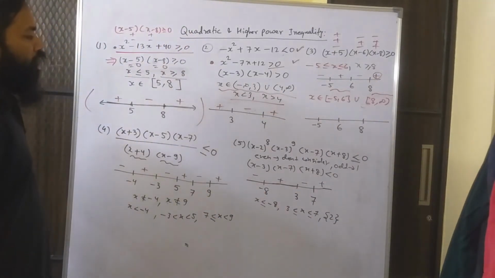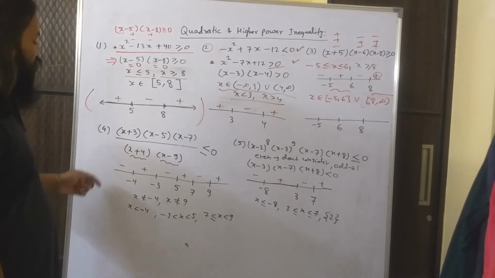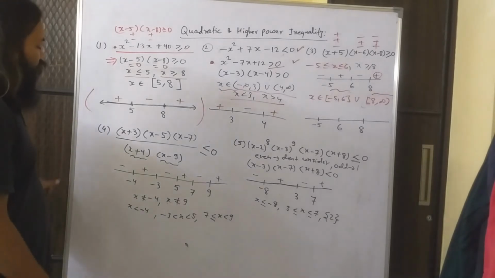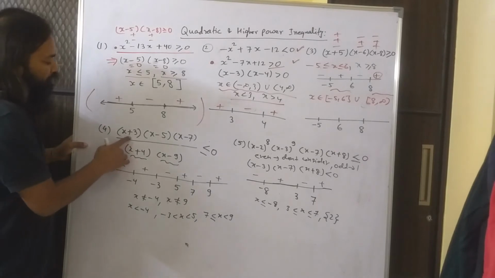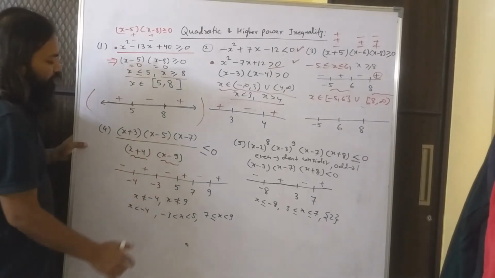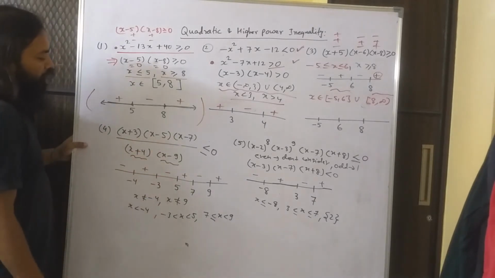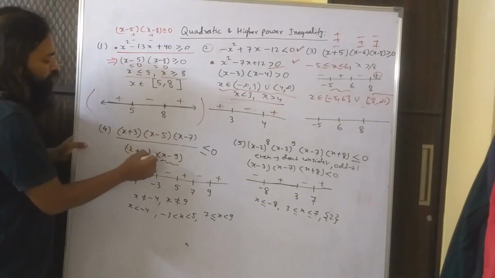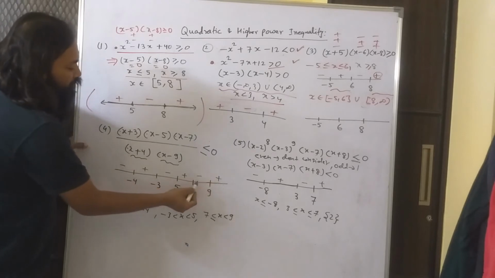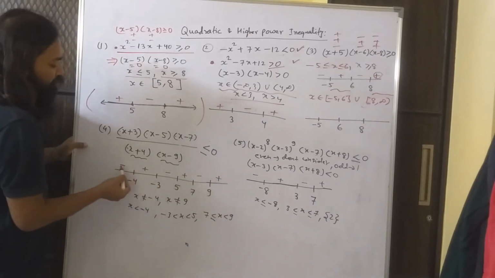Coming to the next question, this one. Here also see the important points are minus 4, minus 3, 5, 7 and 9, which I have taken already. Because the coefficient of all the terms of x is positive, I can start with plus, minus, plus, minus, plus, minus.